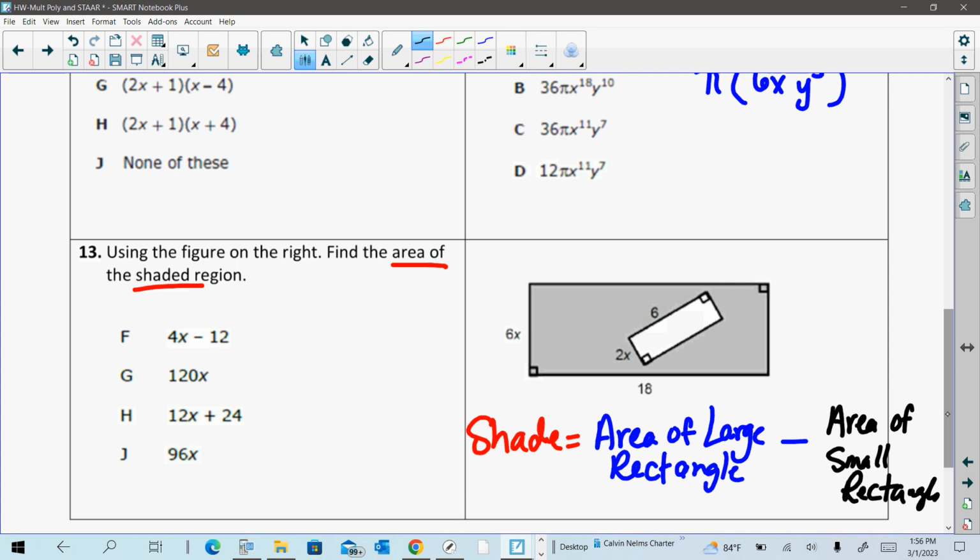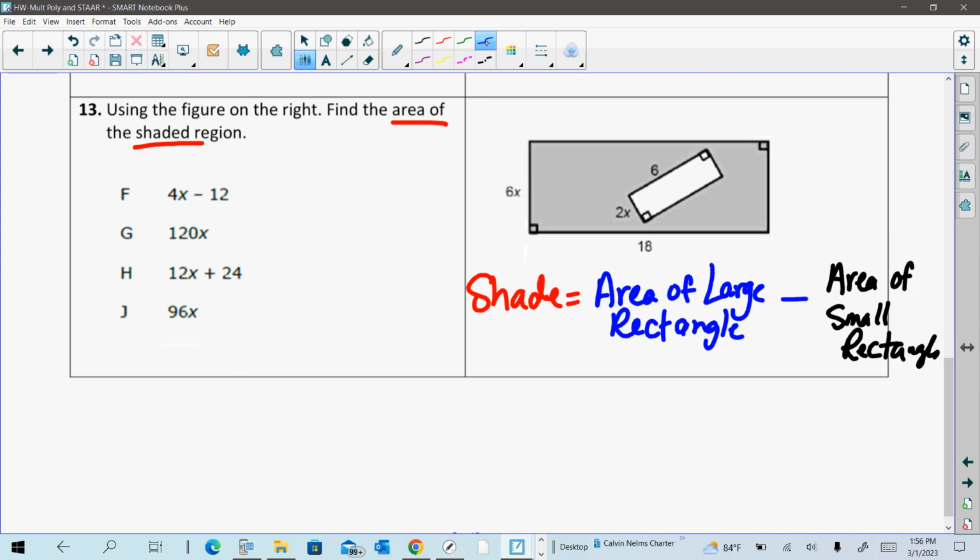My large rectangle, length times width, is 18 by 6x. My small rectangle, length times width, is 6 by 2x. So now we're just multiplying and subtracting, combining like terms.